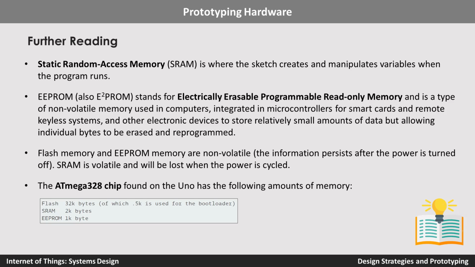Then we have EEPROM and flash memory. Both of them are non-volatile, which means the information persists after the power is turned off. EEPROM stands for electrically erasable programmable read-only memory, where you can store your programs. You will probably hear the term ATmega328 chip, which is a very popular chip in a version called Arduino Uno.